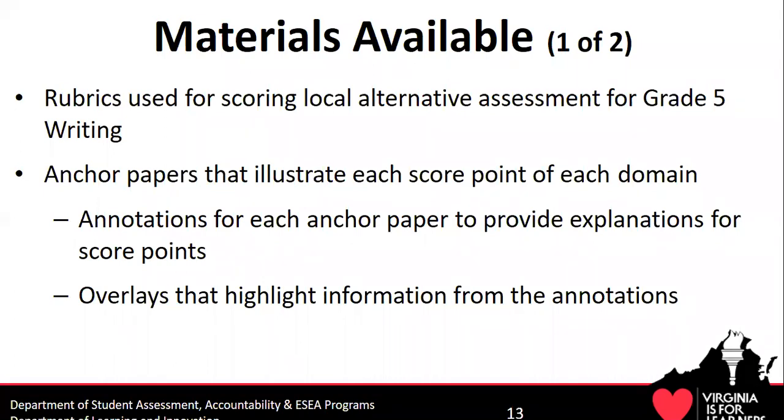For those anchor papers, we're also going to have annotations for each, and those annotations are descriptions that provide explanations of why the student received the score point that it did. And then you're also going to see overlays highlighting information from the annotations. And we'll have a screenshot of that later on.